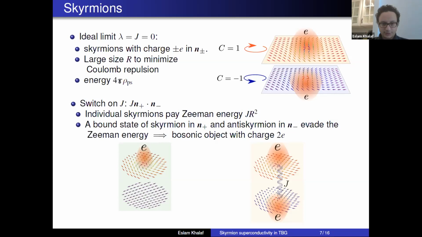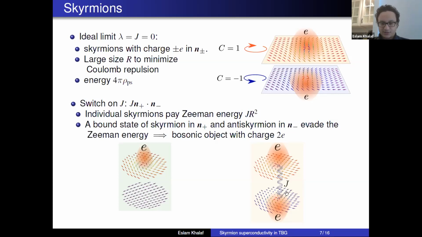this universal constant. On the other hand, if we form a skyrmion on one sector and an anti-skyrmion on the other sector, we can do this while completely satisfying this antiferromagnetic coupling J, because we can do this if we put the skyrmion and anti-skyrmion completely on top of each other, then the spins locally will be antiferromagnetically aligned everywhere.